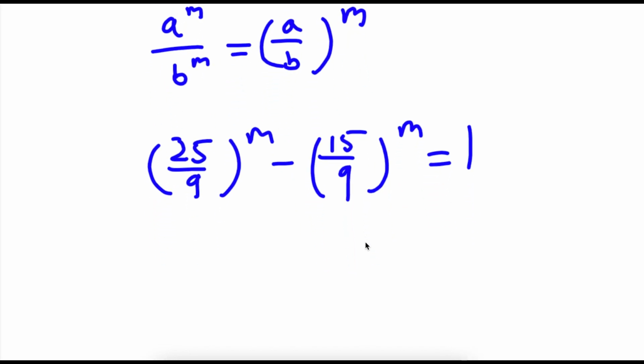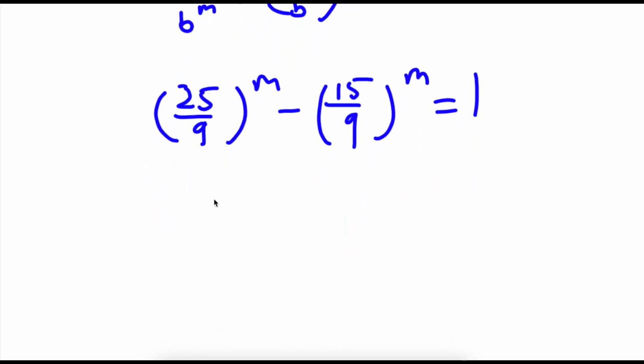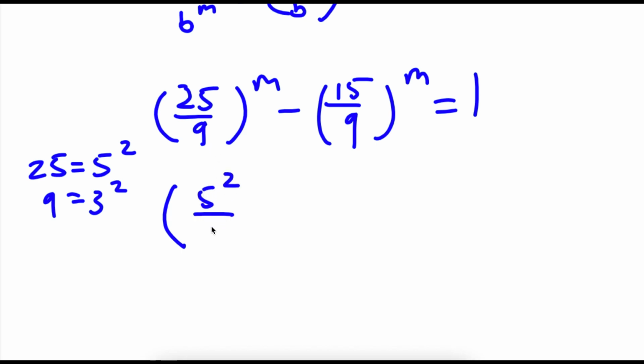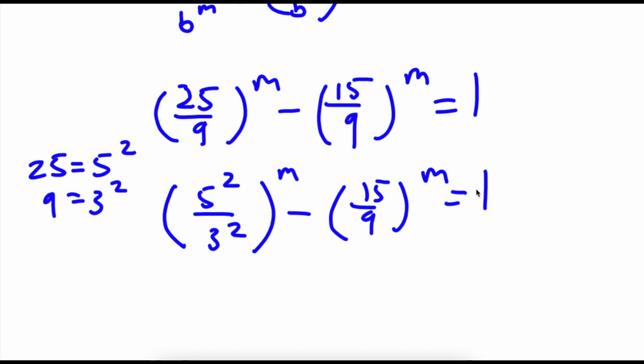Now 25 is equal to 5 squared, and 9 is equal to 3 squared. So now I can replace 25 with 5 squared over 3 squared. So I have 5 squared over 3 squared to the power of m minus 15 over 9 to the power of m is equal to 1.